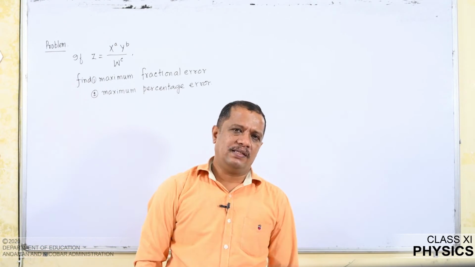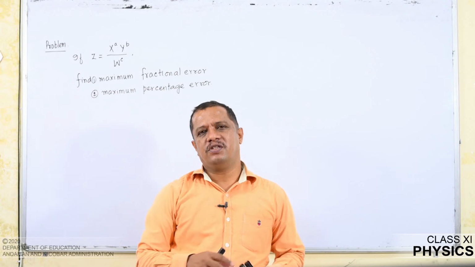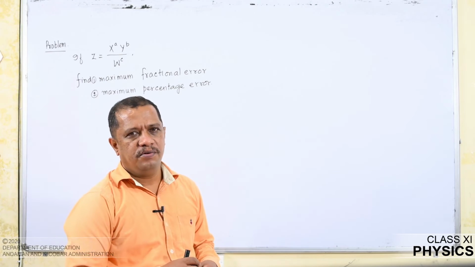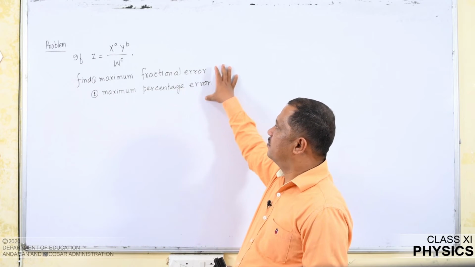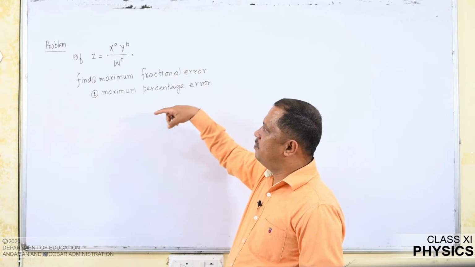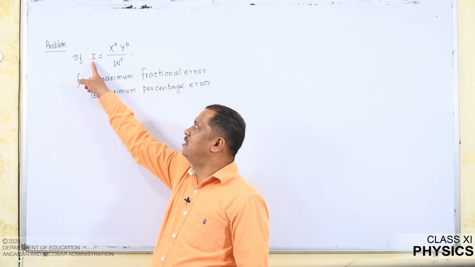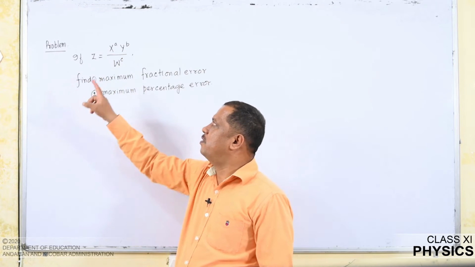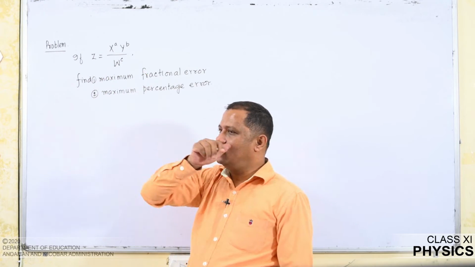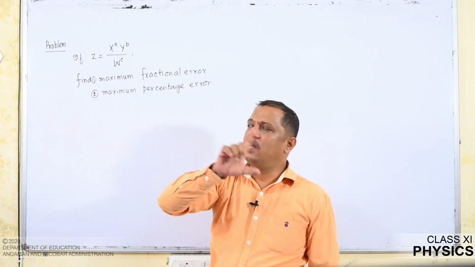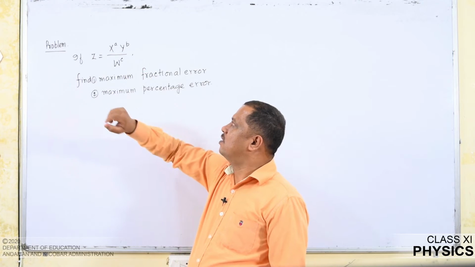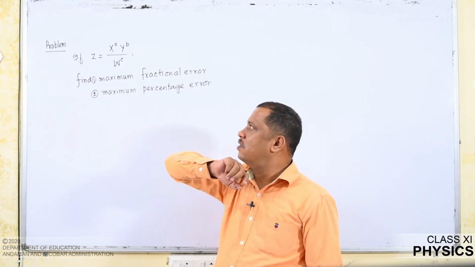Dear students, let us apply the concept of propagation of errors in doing algebraic operations to a problem. Here I am given a problem. It says that if z is equal to x to the power a, y to the power b over w to the power c, where x is a true physical quantity, y is a true physical quantity, and w is also a true physical quantity.